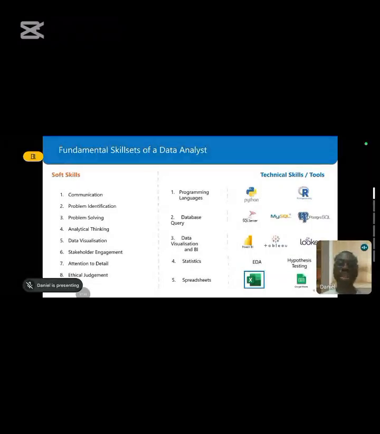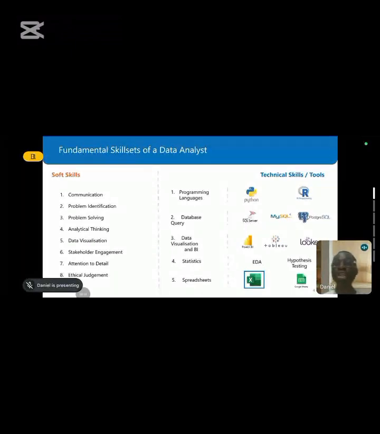SQL is structured query language, and this is how you interface with a database. So if you don't use Microsoft SQL Server, you have MySQL, you have PostgreSQL. Then, as I mentioned before, you need to be able to visualize your data and leverage these tools to employ advanced visualizations. So Power BI, Tableau, Looker, statistics as well.